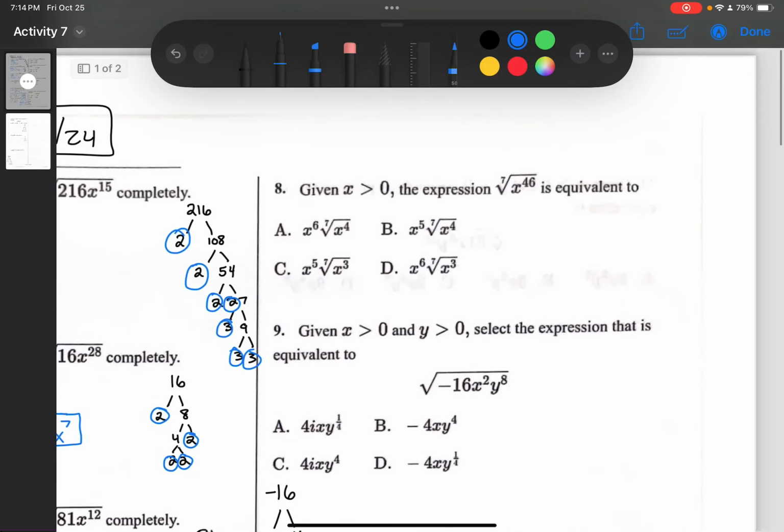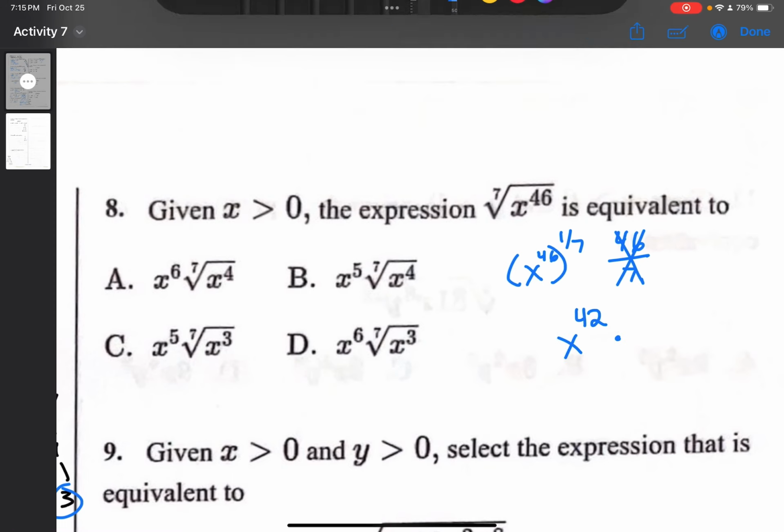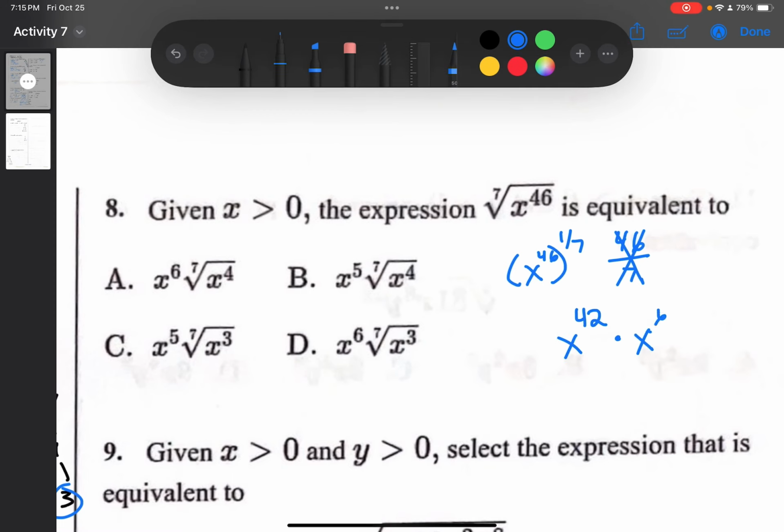Now for number 8, this is another split up method, because you're going to see when you're doing x to the 46th to the 1/7, 46 does not divide evenly with 7. However, the closest multiple of 7 to 46 is 42. So x to the 42 times x to the 6th equals the same as x to the 46. And you can always fact check that.